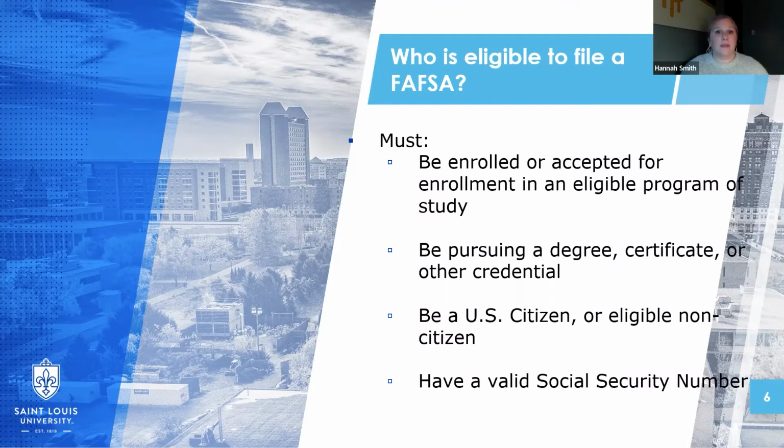And it doesn't mean that they have to have a decided major to be able to file the FAFSA. As I said, if they're going into an accredited university, they are eligible to file the FAFSA if they have those other eligibility criteria ticked. So they can go in as undecided into a university and still be eligible to file the FAFSA.